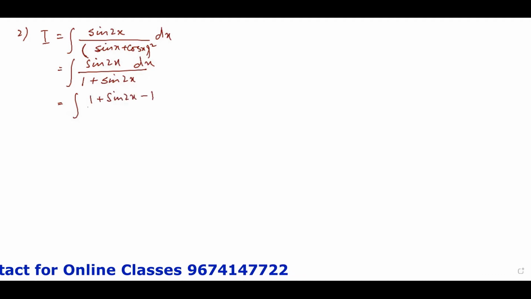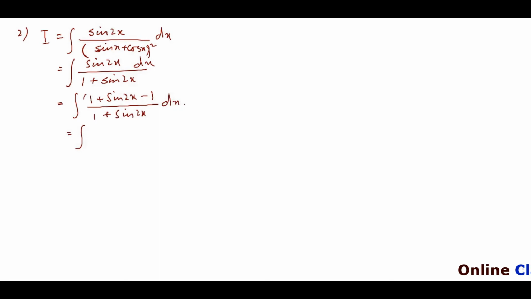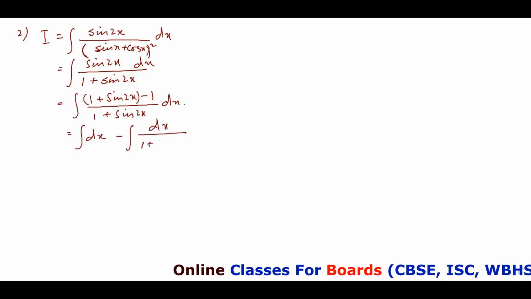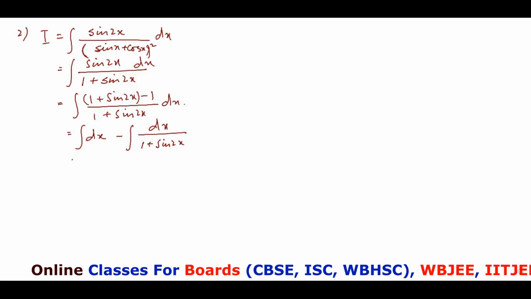Can we do that? Yeah. So what we are getting now? If we separate this and 1, so we are basically getting dx minus integration dx by 1 plus sine 2x.